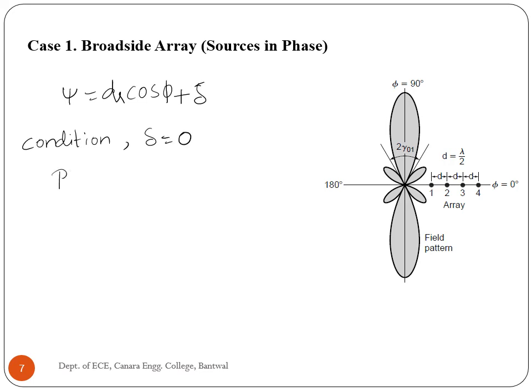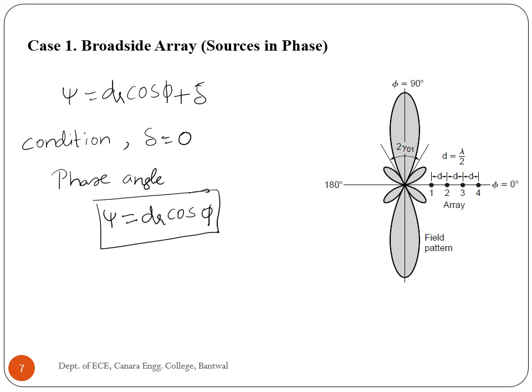Therefore, phase angle for broadside array system is dr cos phi. Condition for peaks: xi equal to 0. Therefore, we will get main lobes at plus or minus 90 degree.